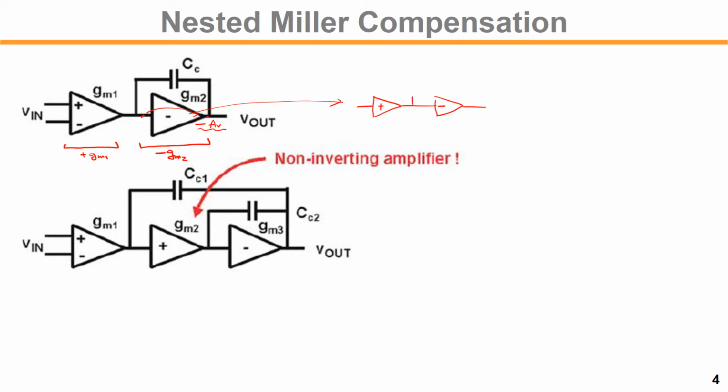Because this is a two-stage amplifier, it requires additional compensation capacitance. So look at this, the three stage: this is the positive GM, the second stage is positive GM, positive GM, but the last stage is negative GM. So overall, this second stage is minus GM, so 1, 2, times GM3.